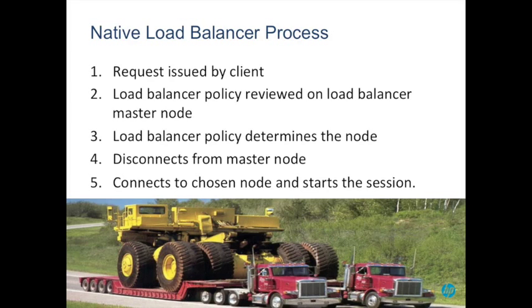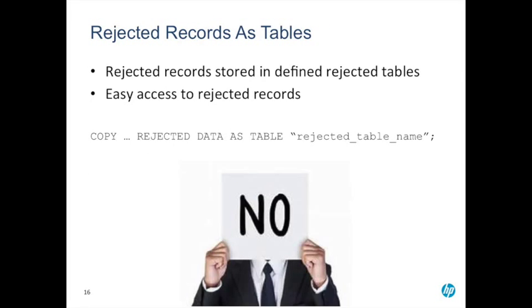All right, so the next thing that's really interesting that's been added is the rejected records as a table. The idea here is that you used to go to your log files to look at rejected records. You now, in the copy command, can create a rejected table and basically send your rejected records to a table, which then allows you to just be able to query those records.